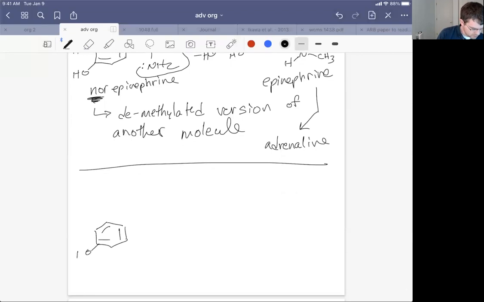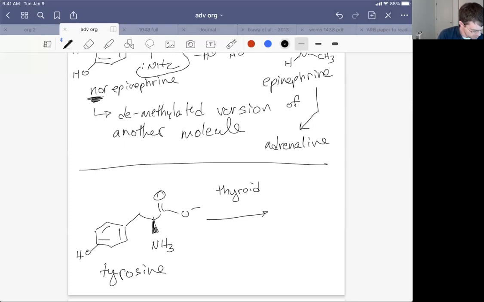If you take the phenol of tyrosine, which is an amino acid, and you react that with the enzyme thyroid peroxidase, I think is what my notes say, this does the net conversion of I minus into an equivalent of I plus, which I'm going to put in quotes.